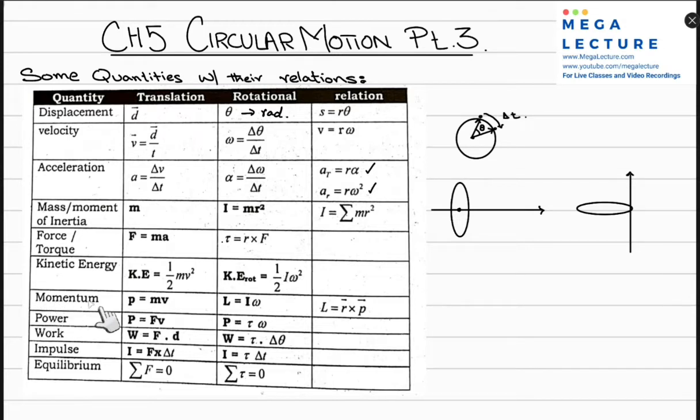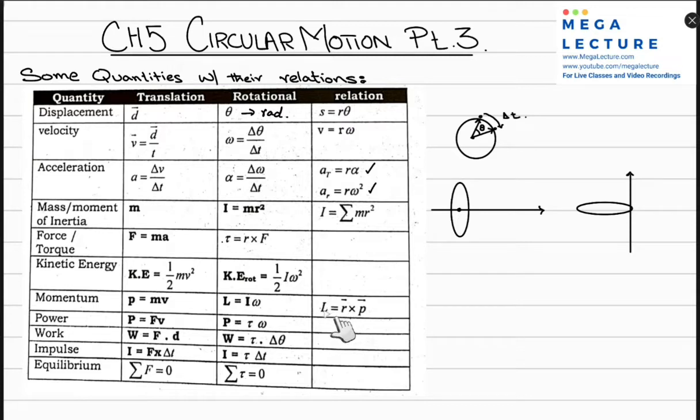Moving on, we have momentum. Translational momentum is defined as the product of mass times the velocity of the object. Whereas the rotational momentum, also called the angular momentum, is defined as the product of the analog of mass, which is the moment of inertia, times the analog of velocity, which is angular velocity.